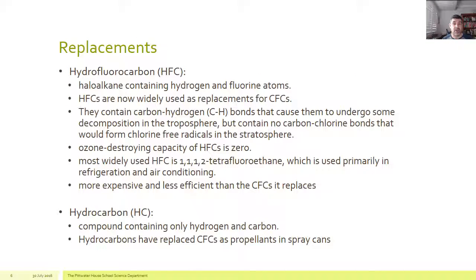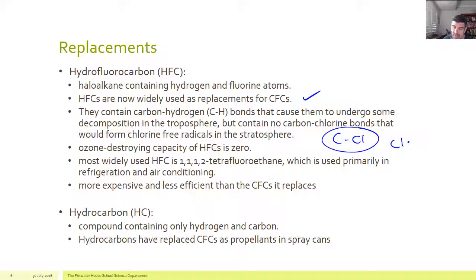The hydrofluorocarbons were then used as well, and they were proving to be better with no carbon-chlorine bonds. Critically removing those carbon-chlorine bonds is very, very important in trying to make sure that there is no possibility for those chlorine radicals to be released.